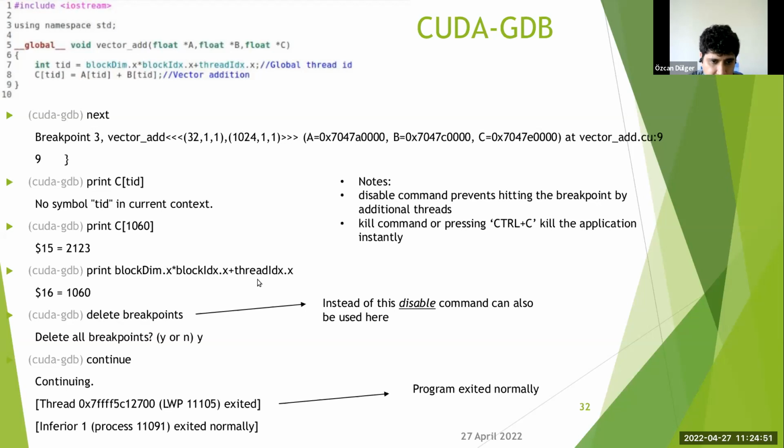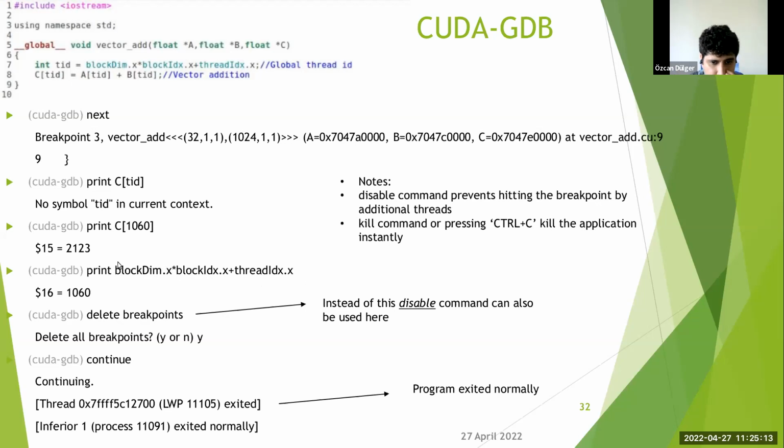So we can also get the global ID by using this combination, because these built-in variables are still alive for the kernel. But the TID, which is stored in a register, is not alive; it has already been destroyed.